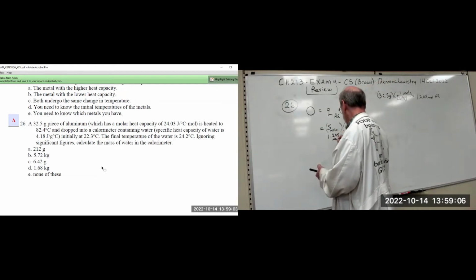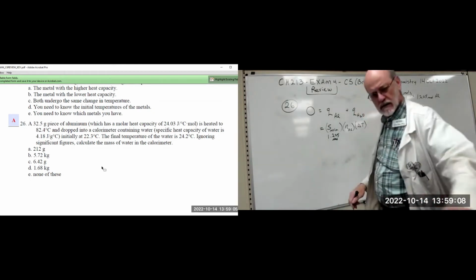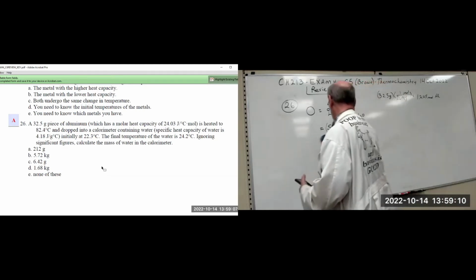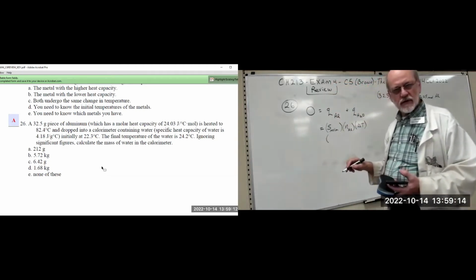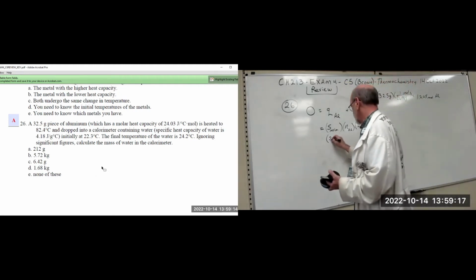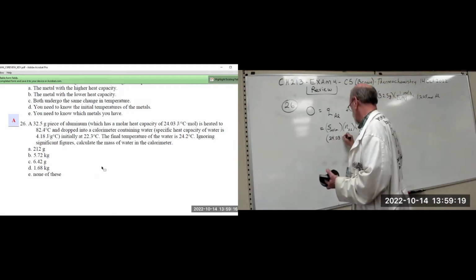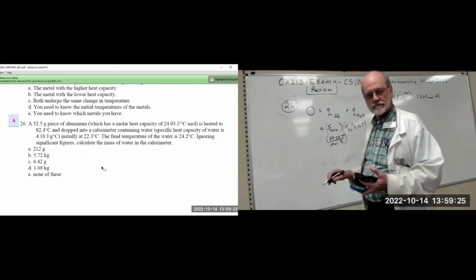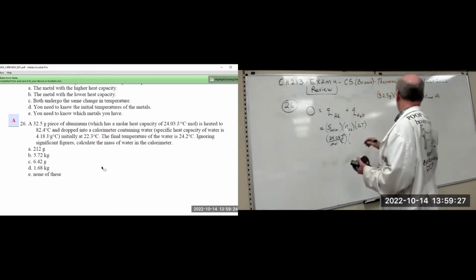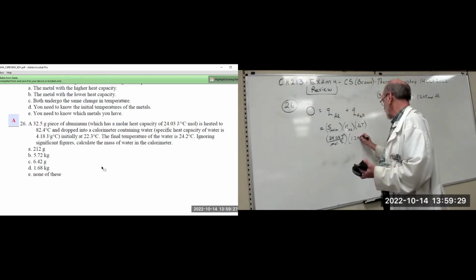Oops, wrong place. This one is 24.03 joules per mole degree C. There we go. And moles is 1.205 of aluminum.